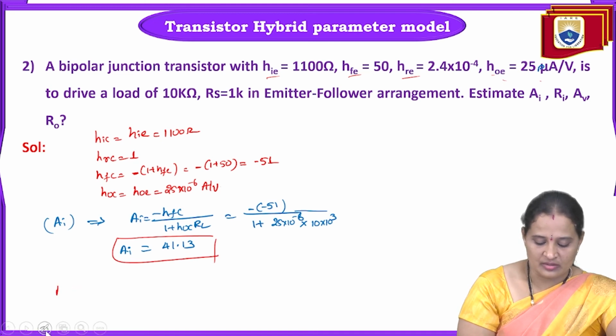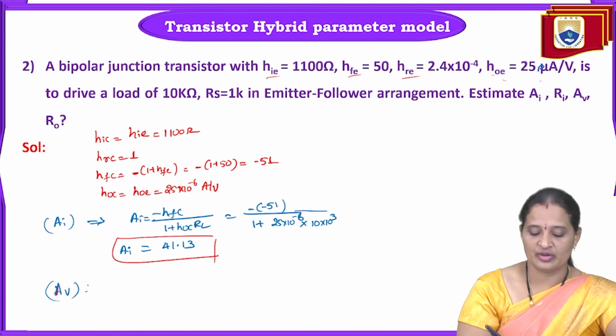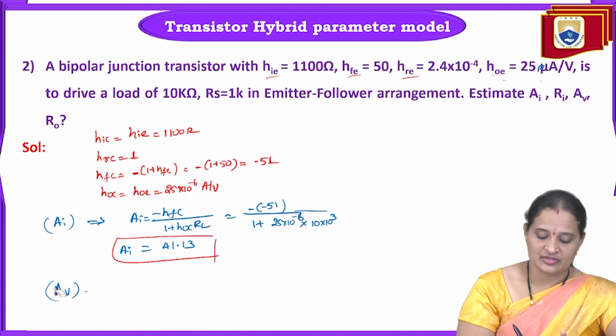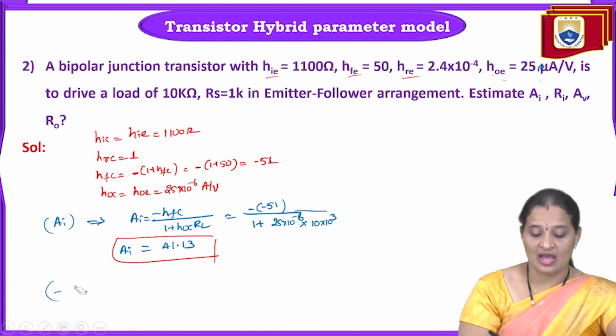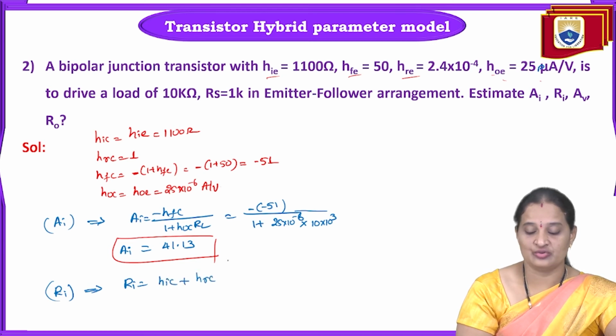Now the voltage gain AV. Before AV, we are going to calculate RI, because in order to calculate AV, we need to have input impedance. So input impedance RI is equal to HIC plus HRC into AI into RL.